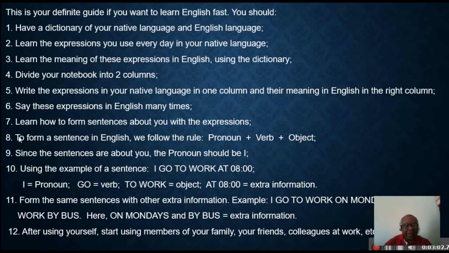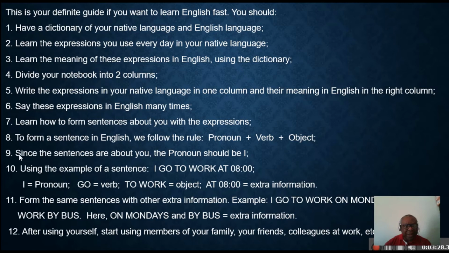And then eight, for you to form these sentences in English, we follow the rule, which is you have a pronoun plus verb plus object. This is the rule we follow in English.